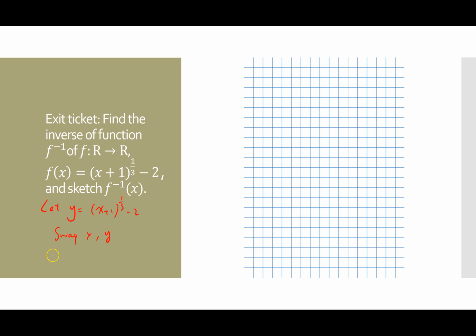Then you will obtain x equals (y plus 1) to the power of 1/3 minus 2, and again rearrange it, so it will be x plus 2 equals (y plus 1) to the power of 1/3. Then you cube both sides, and you will obtain y plus 1 equals (x plus 2) to the power of 3. And then y equals (x plus 2) to the power of 3 minus 1.